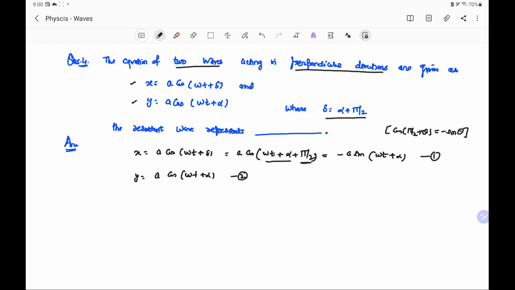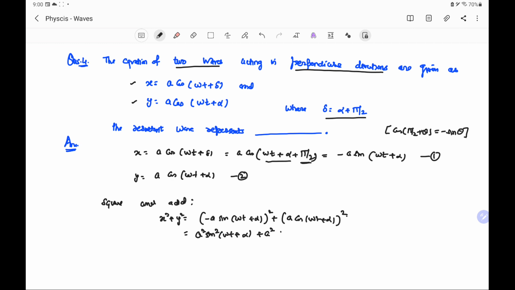To get the resultant wave, we have to get the relation in x and y. To eliminate the other terms, we square equations 1 and 2 and then add. It will give x square plus y square equal to (minus a sine (omega t plus alpha)) whole square plus (a cos (omega t plus alpha)) whole square. So it will give a square sine square (omega t plus alpha) plus a square cos square (omega t plus alpha).